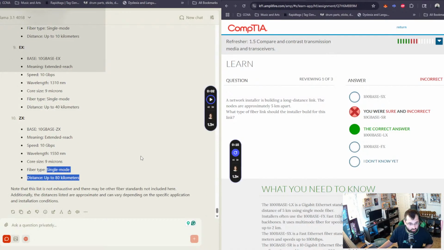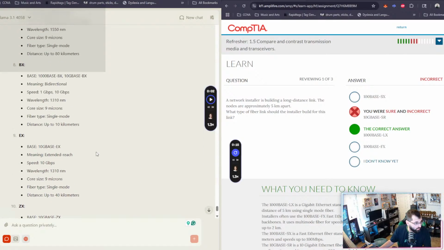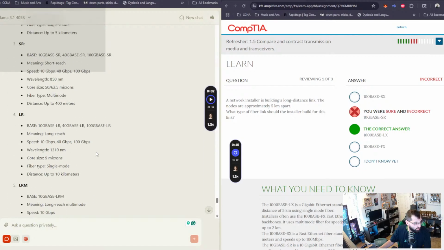Okay, so what I just learned is that anything that's going to hit at least a kilometer has got to be in single mode. Which means, is FX even part of this?